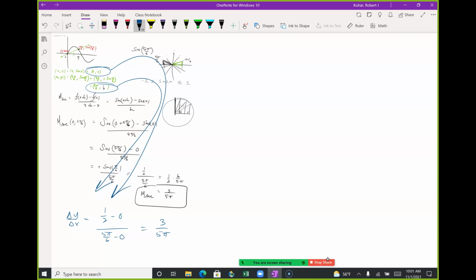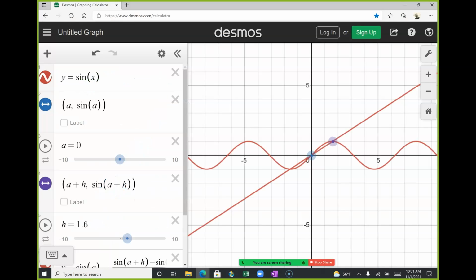So I created a little bit of something on Desmos. I was hoping that some of you would attempt that piece where my curve is the sine of x. And then I have the point A comma sine of A, so you can see that point is there.